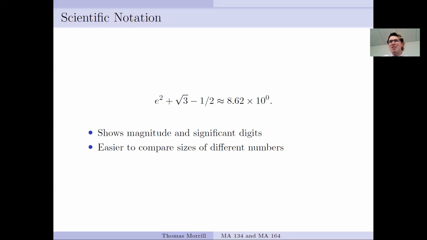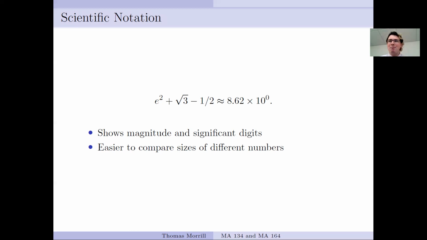Or likewise, if I was talking about something very, very small, if I was talking about a number that starts 10 places after the decimal point, I'd be representing that here in the exponent of 10. Or some calculators would write this as 8.62 E0. So that E there that you might have seen on a calculator is standing for multiply by 10 to this power.